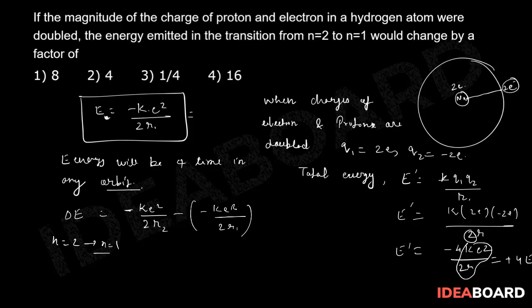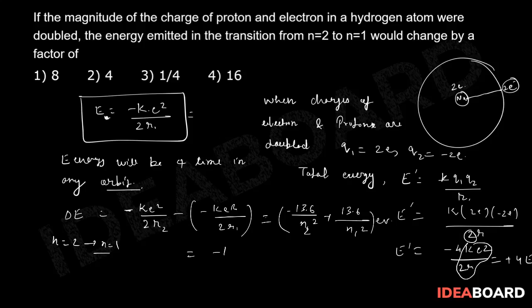Now I know that energies can be written as minus 13.6 upon n2 square plus 13.6 upon n1 square, so both are in the same format, in electron volts.